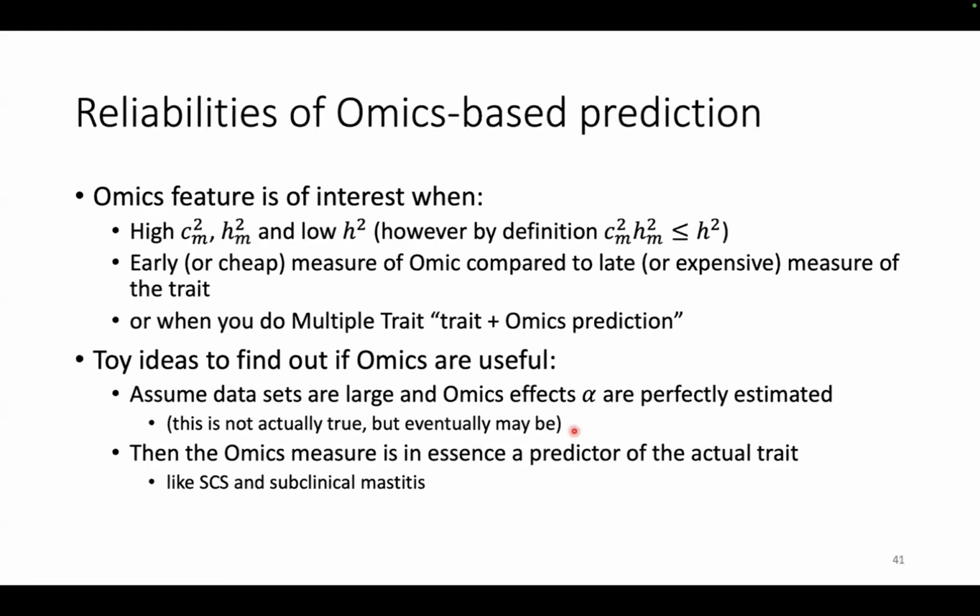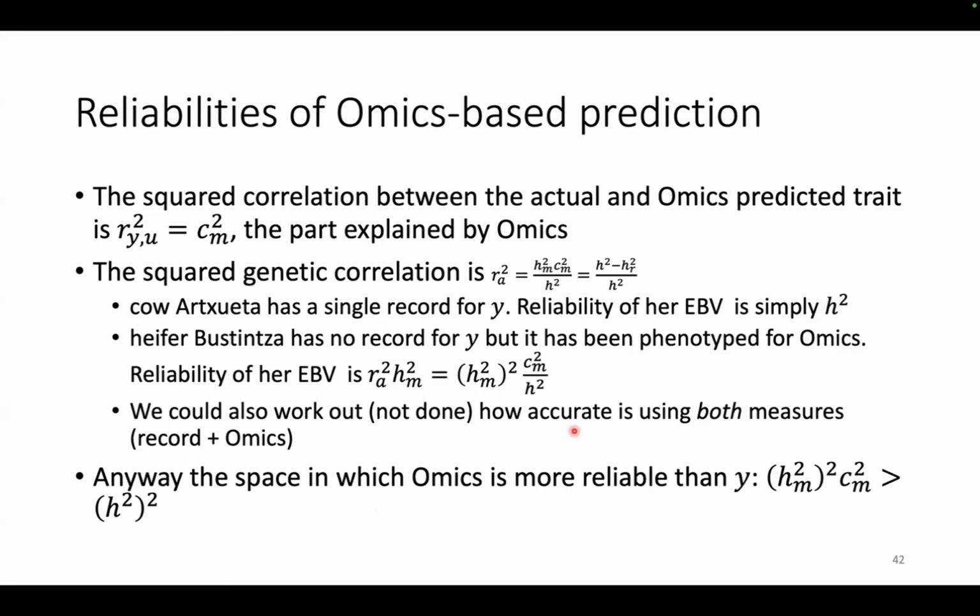And then, using these considerations, we get small examples of when this could be useful. These are really toy ideas. We assume a very, very large data set in which omics can be very well estimated. My example is composed of two animals. First we have a cow, and it has a single record for a phenotype.